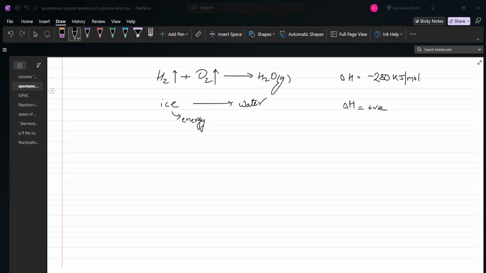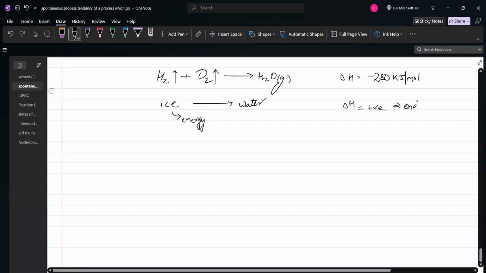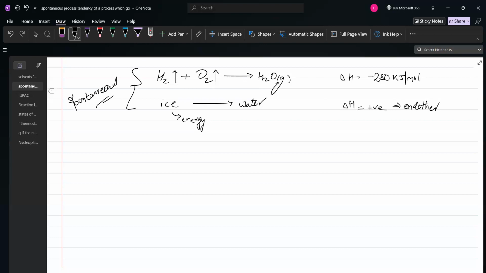Are you getting this? Yes, sir. So this is endothermic. Both the processes are spontaneous, right? They happen. Mixing hydrogen with oxygen with a little spark, they will convert into H2O in gaseous form.